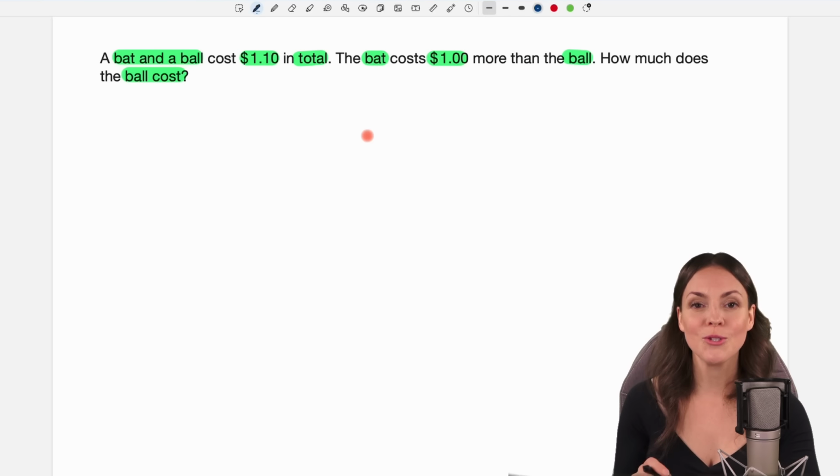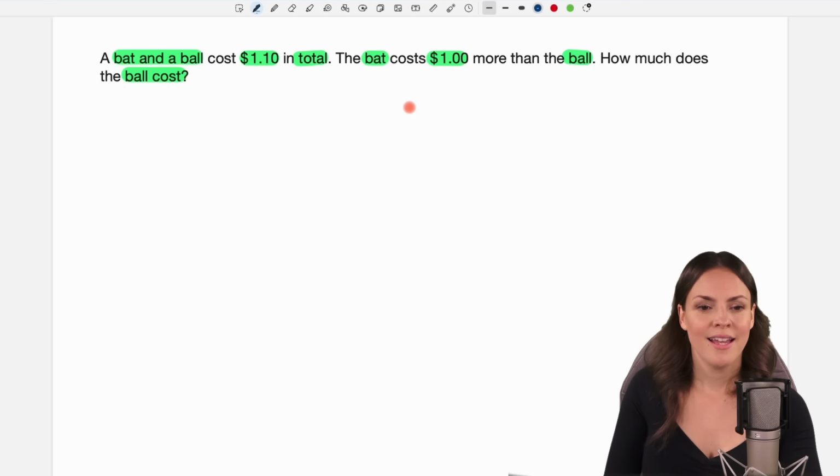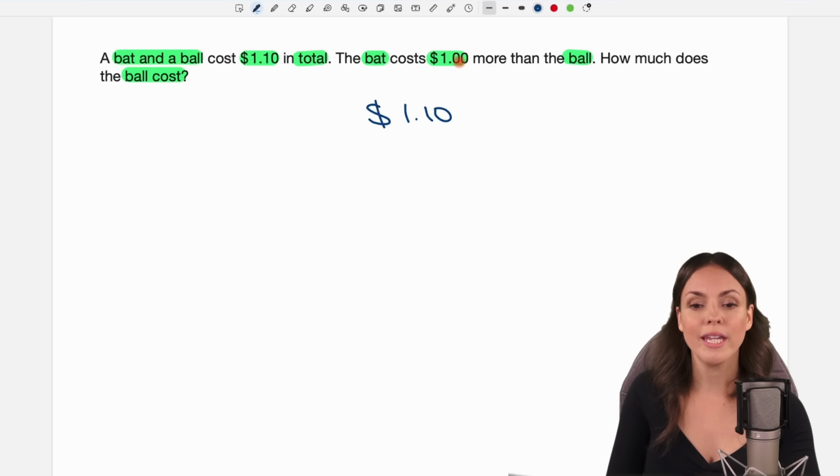I want to show you two different ways how to solve this. One that can easily be done in your head, and another one where we use equations. Okay, the first method: we know that the bat and the ball together cost $1.10. The difference between the cost of the bat and the ball is $1.